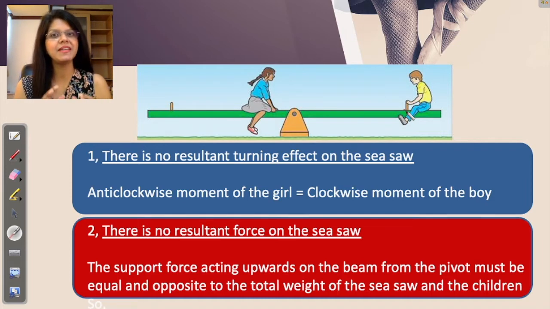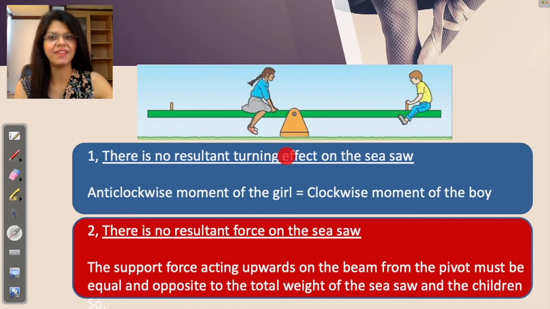When the moments are equal and opposite, they'll cancel out. And what is moment? Moment is the turning effect. If the moments are cancelling out, the turning effects are cancelling out, that means there is no resultant turning effect.